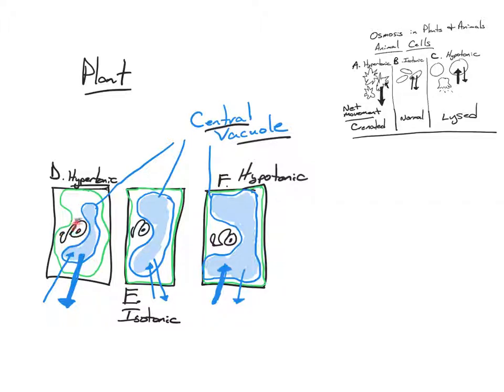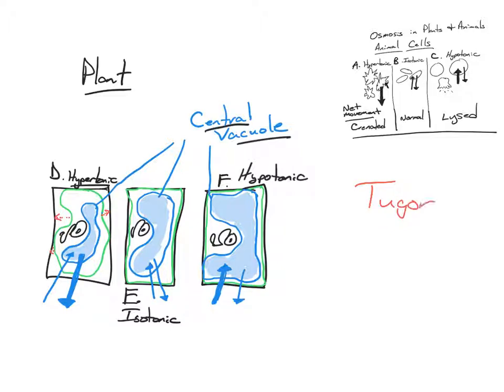It's not as turgid. The pressure of this membrane up against the cell wall, let me go ahead and draw it in red. This pressure, or lack thereof, pushing up against the cell wall, we call that turgor pressure.